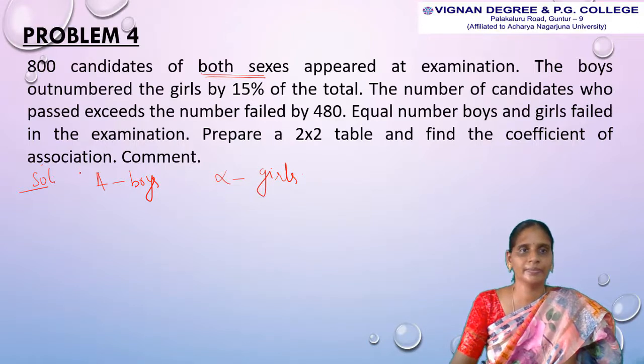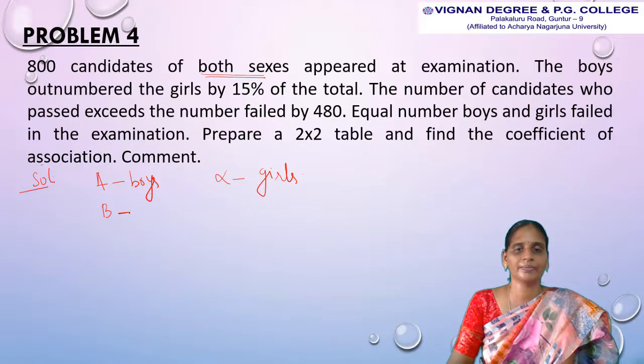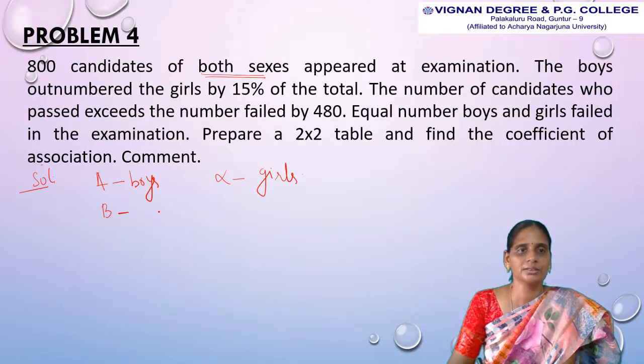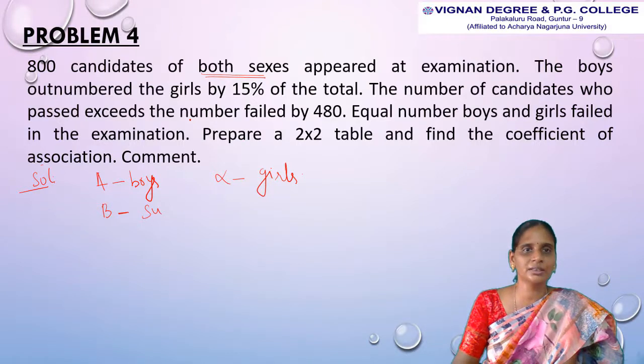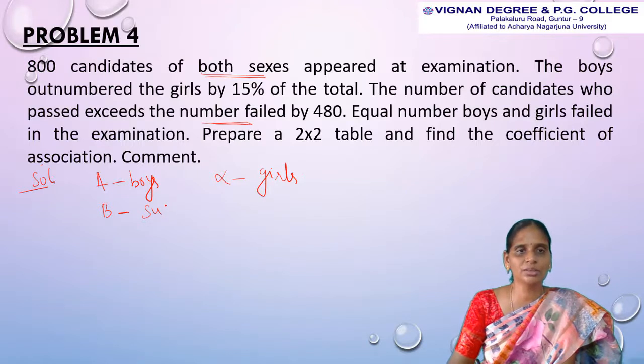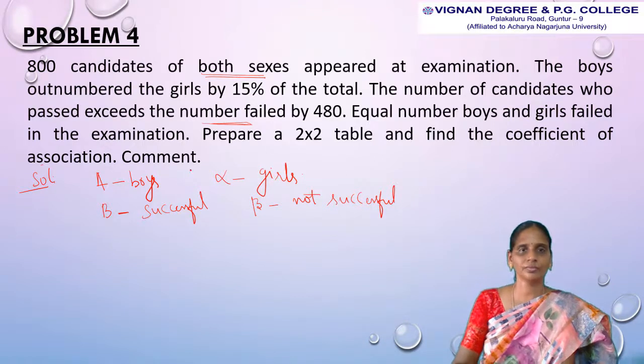B is denoted by successful candidates, and beta can be denoted by not successful candidates, that is, the failed candidates.